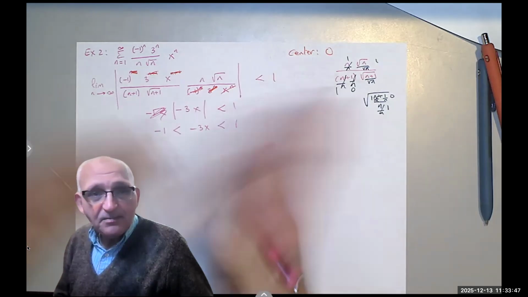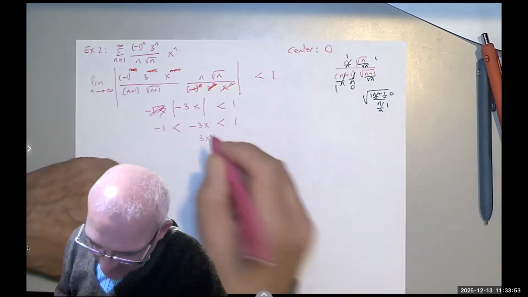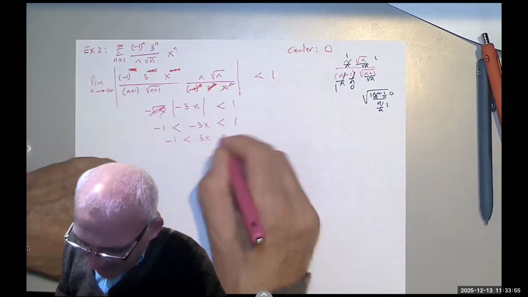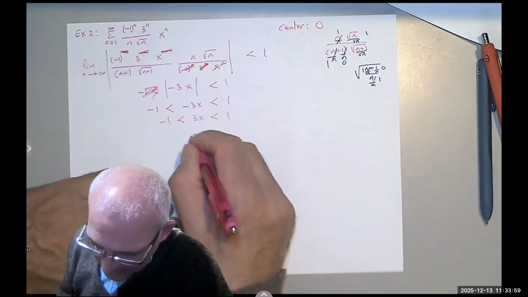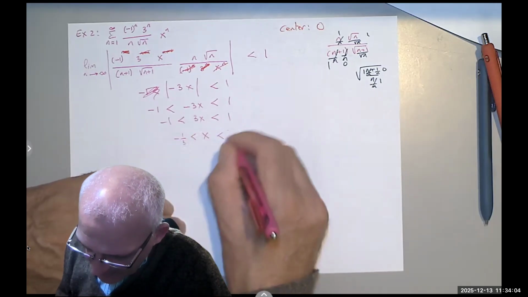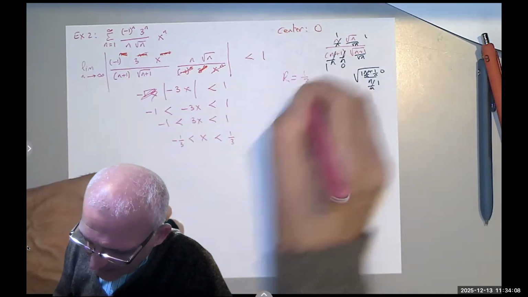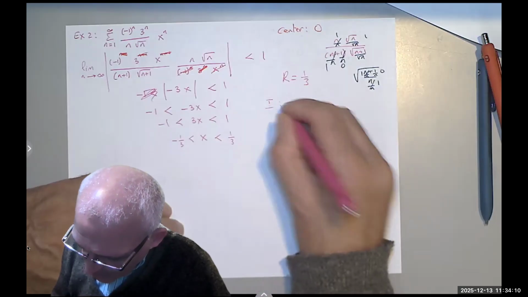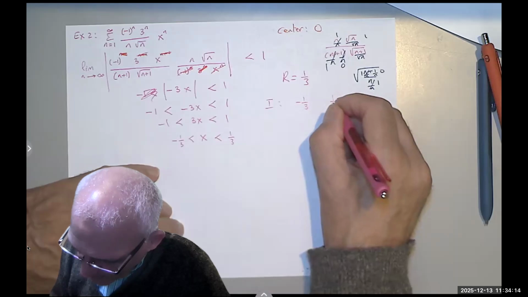If you multiply by negative 1, these would reverse, but the 1 stays the same, so it is greater than negative 1, less than 1. And then you divide by 3, so you get x is greater than negative 1/3, less than 1/3. So I know the radius is 1/3, the interval of convergence is negative 1/3 to 1/3.